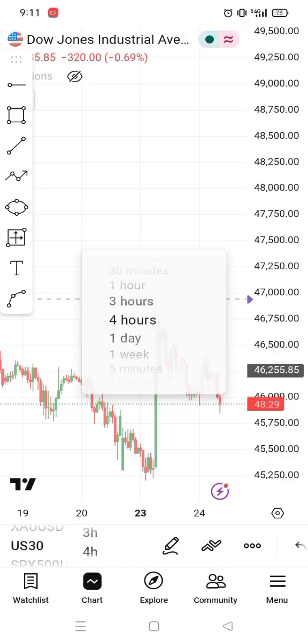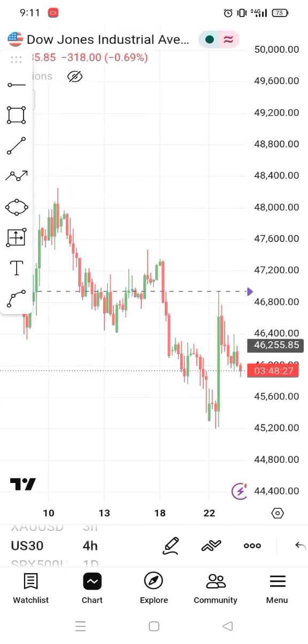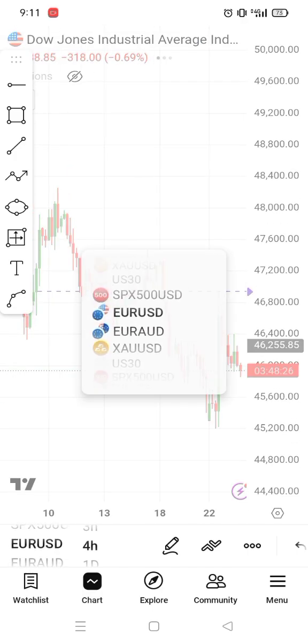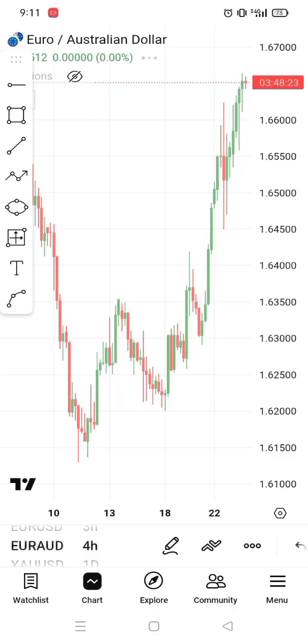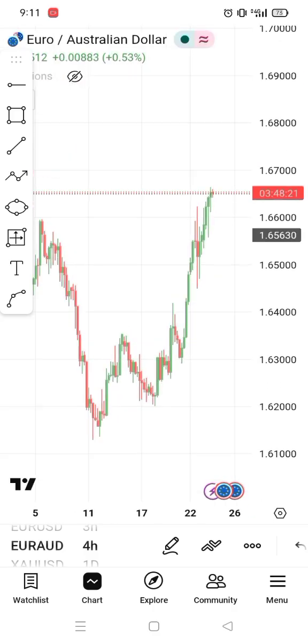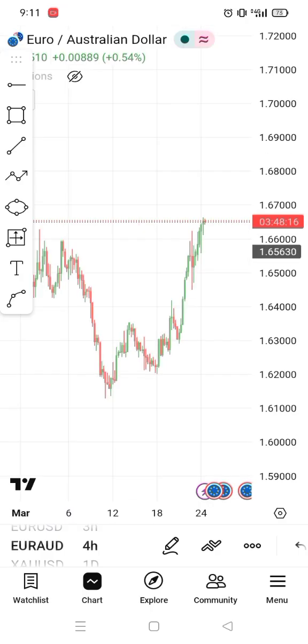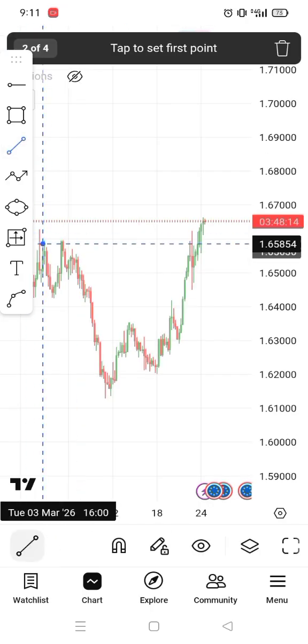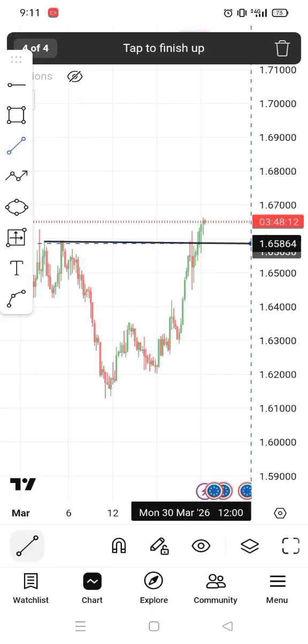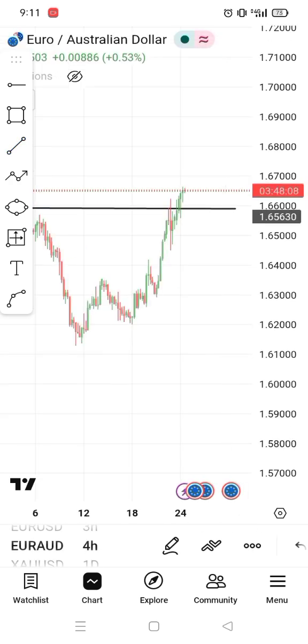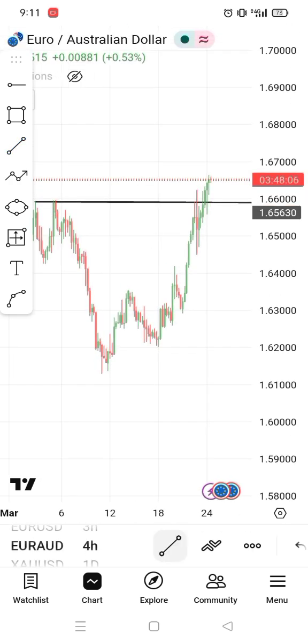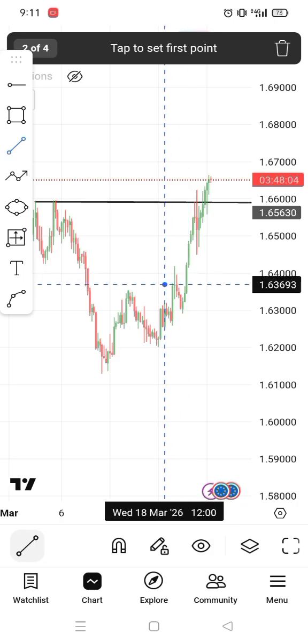So what's up? This is the update from the Euro Australian dollar trade. As you can see, we already reached our target profit, which is this, and we entered around this level.